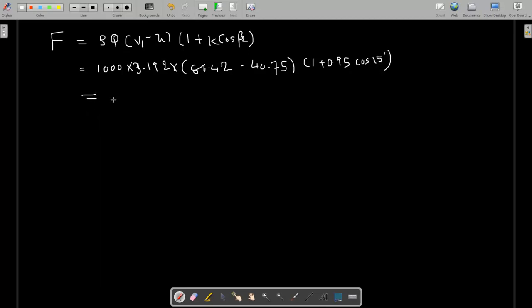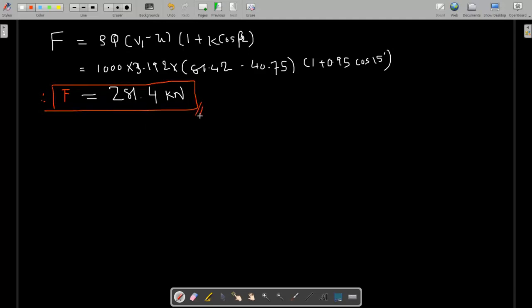When you solve this, you will get 281.4 kilonewton. So this is the answer of our second question, the force that we have to find.